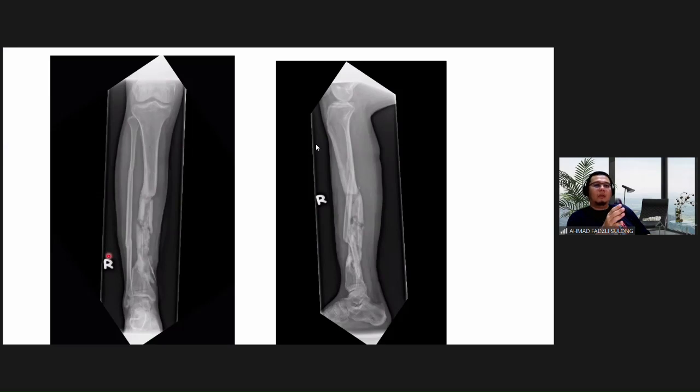So what is important from the mechanism of injury during the first MVA is that you at least get whether it was an open fracture or a closed fracture. Then you determine that. So in this case, this was an open fracture 4 years ago, which was treated accordingly with external fix followed by internal fix.